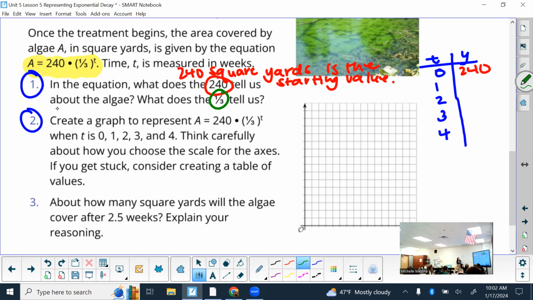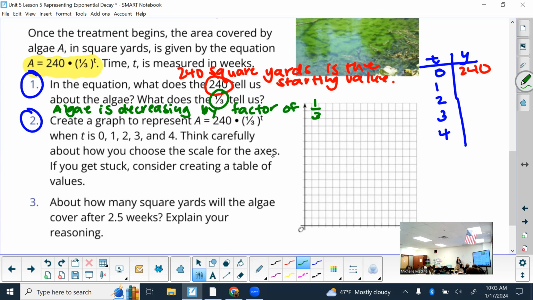You could say that the algae is decreasing by a factor of 1/3. That's one way you could say it, like factor is what you multiply, and you are multiplying by 1/3 each time, so you could say it's decreasing by a factor of 1/3.